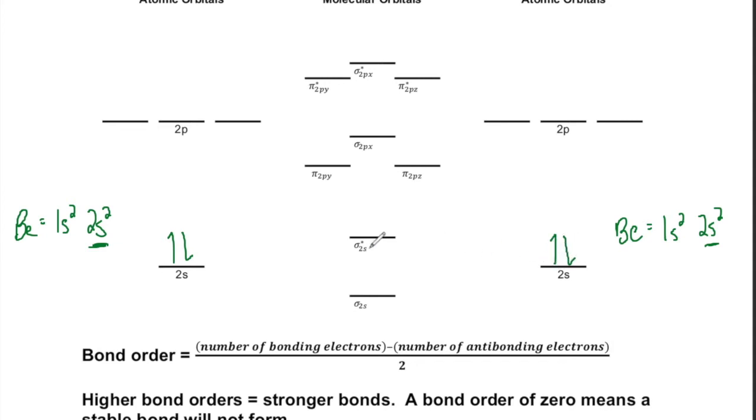So when we bring together these s atomic orbitals, we create a sigma bonding orbital and a sigma anti-bonding orbital, like we looked at before in those pictures. When we bring together 2p and 2p orbitals, we create a sigma bonding and a sigma anti-bonding, and we also create 2 pi bonding and 2 pi anti-bonding.